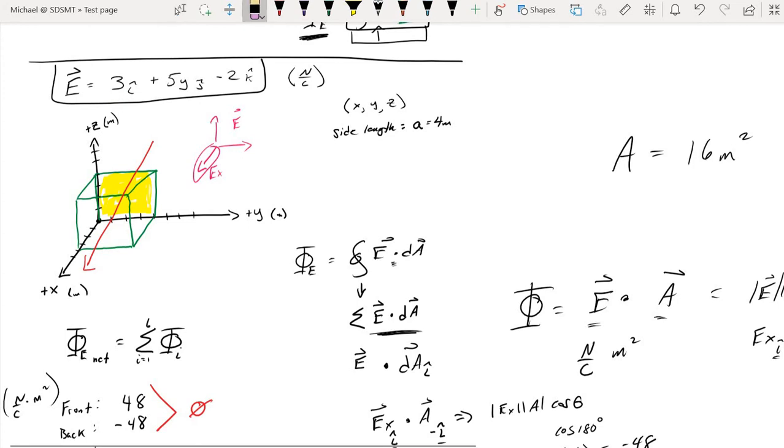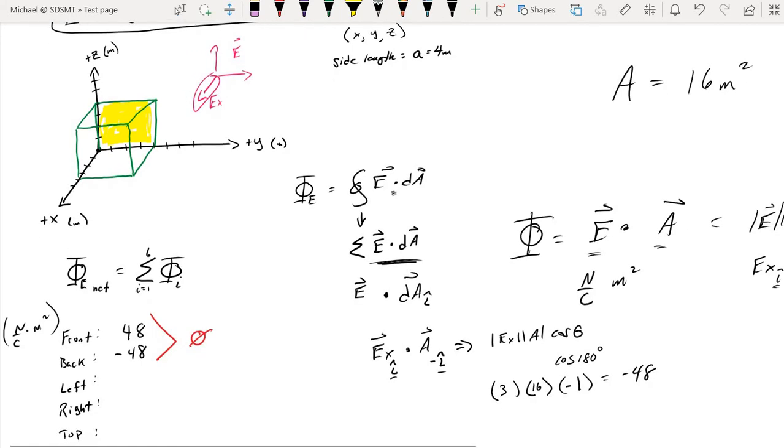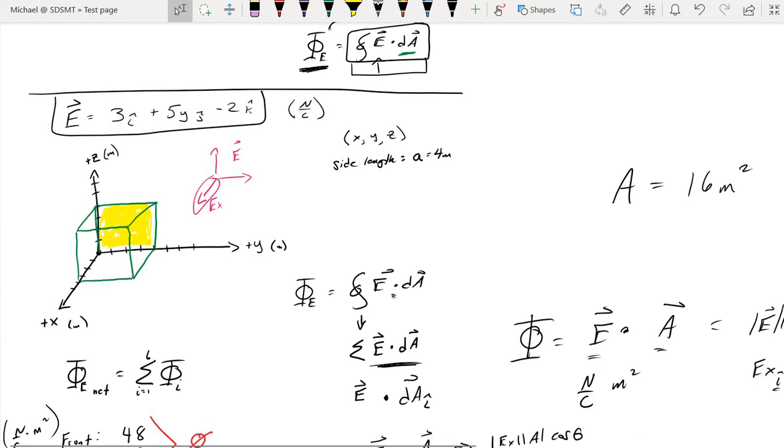And this is an important concept because if having a uniform component of electric field along the x direction means that we get a net flux of 0 along the x direction, what's going to happen if I have uniform field components in another direction, like right here with the z component? Well, I have a z component that is uniform.